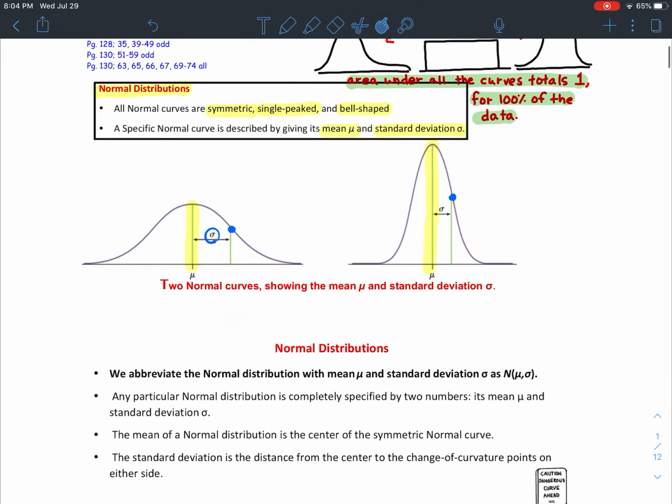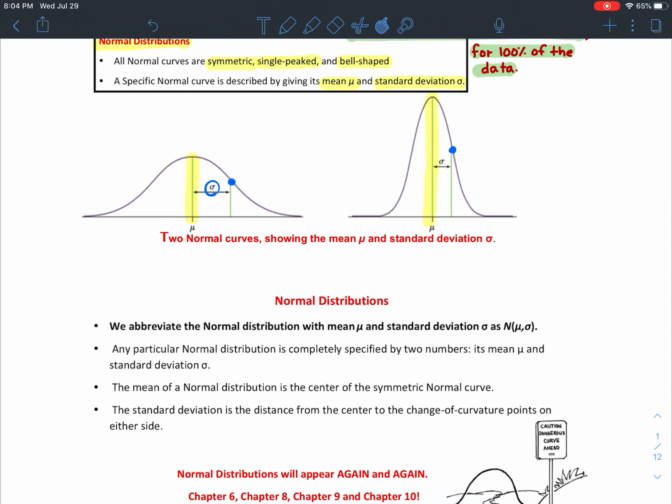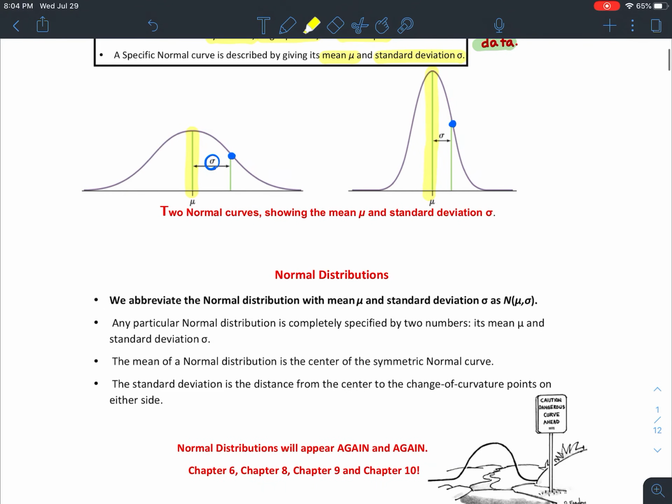Every single normal distribution can be described very briefly using this notation right here. For example, if you see a capital N, that's describing the shape. That means the shape is normal, followed by what looks like a coordinate that you would be used to in algebra if you were going to plot a point, but in fact the first number tells you the mean of the normal distribution, and the second number is telling you the spread, the standard deviation.